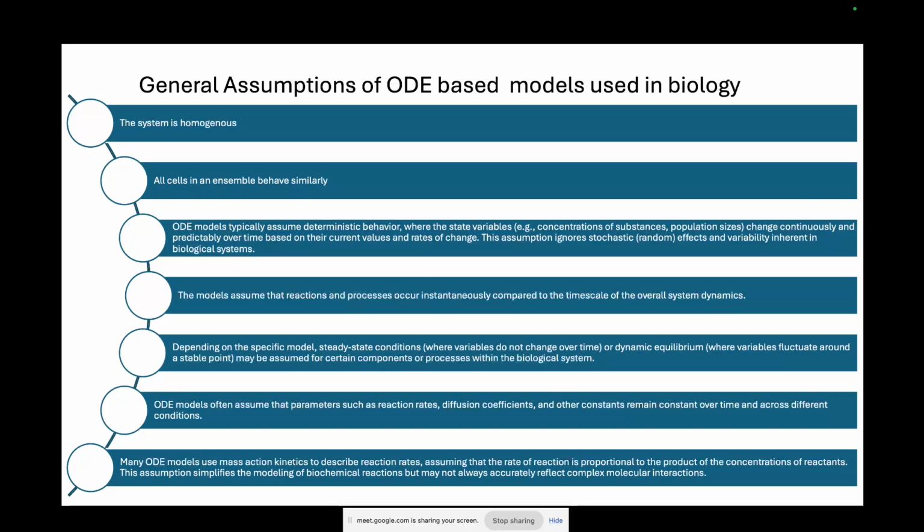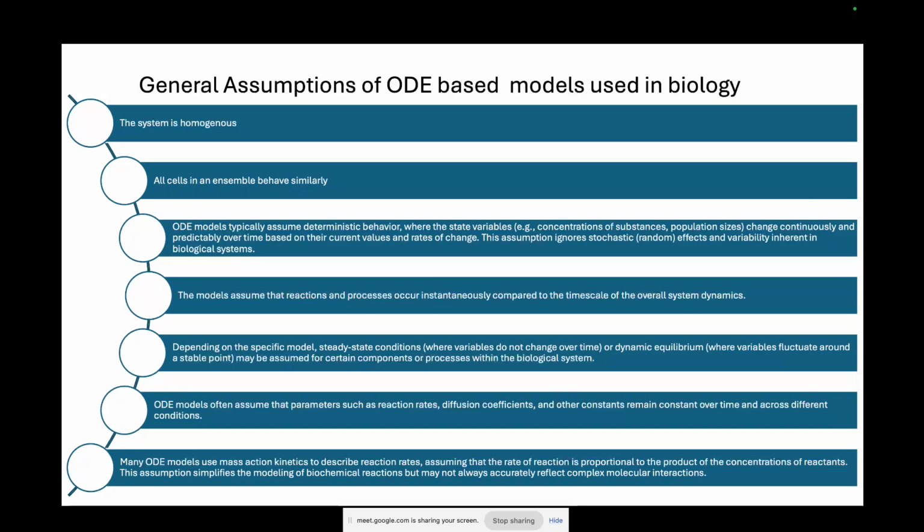Some functions can happen in just a millisecond. Some functions can take certain days to happen. So there is a variability inside the cell about the different kinds of functionalities it performs. But when using mathematical models, we assume that the reactions and the processes occur instantaneously.